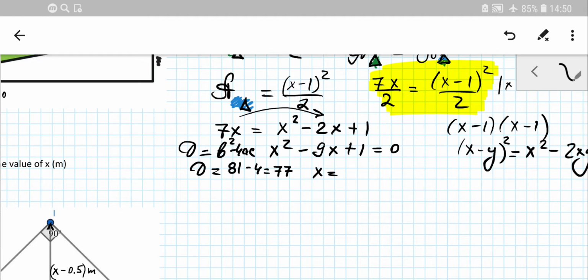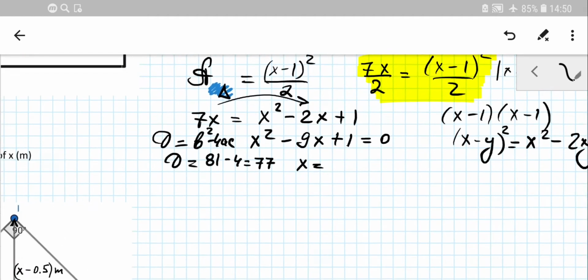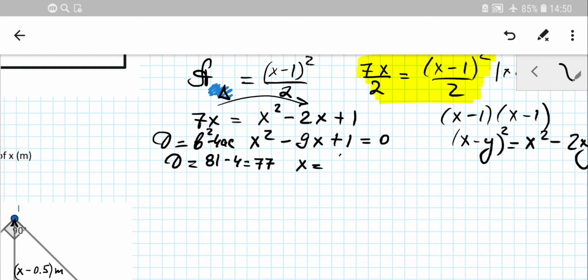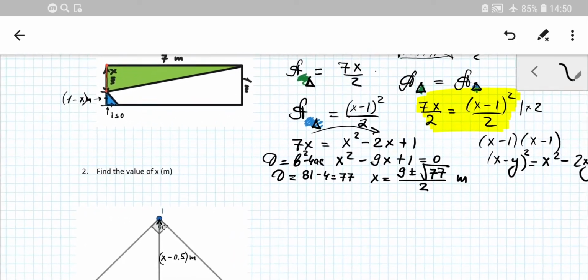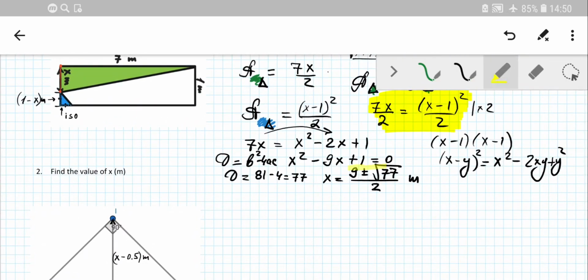All right, so the general form of that is 9 plus minus square root of 77, over 2. So that's the answer in meters, so make sure you have the same.